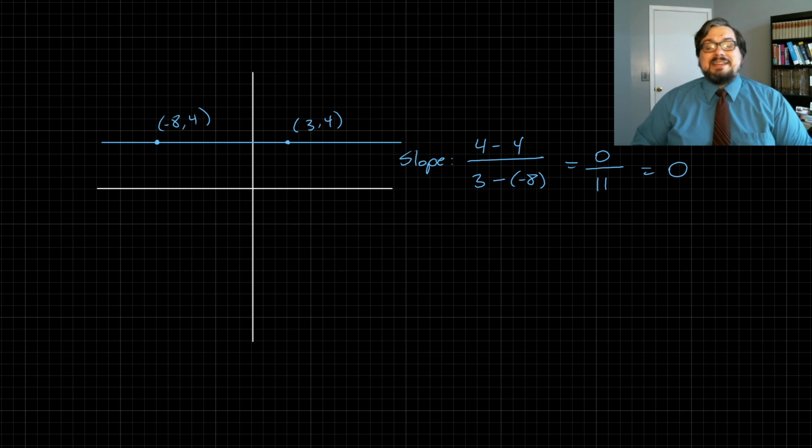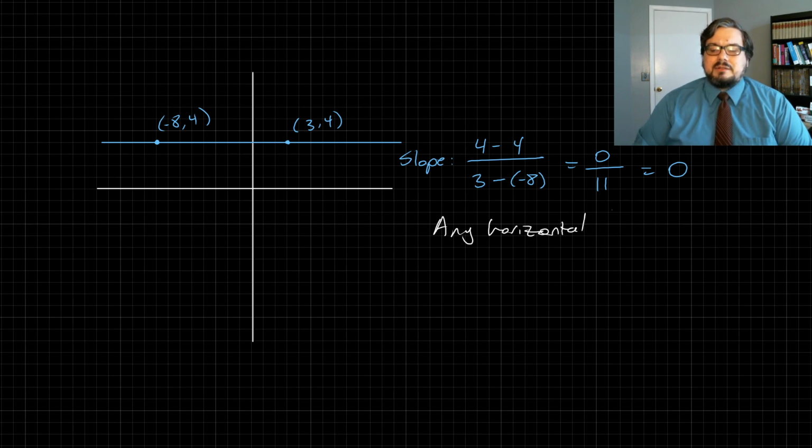So the slope is indeed 0, which gives us the change in y for every change in x, because the change in y is always just 0. All the points have the same y value. So we have that any horizontal line has slope 0.